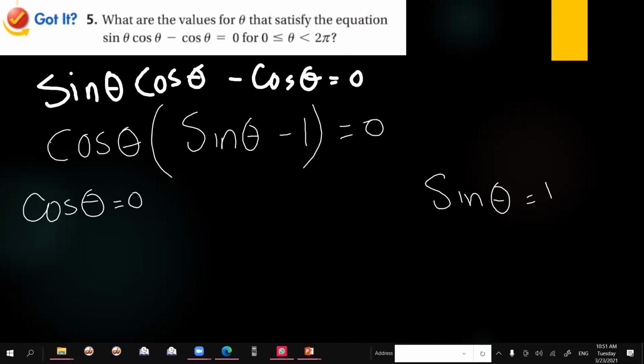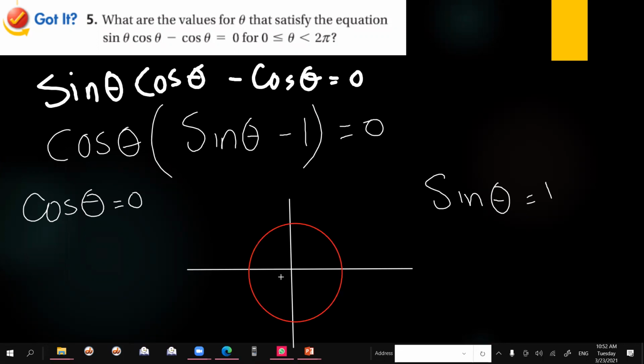To solve it, let's come back to our unit circle that we discussed before. 0, 1, 0, negative 1, 1, 0, and negative 1, 0. Now which angles have cosine 0?